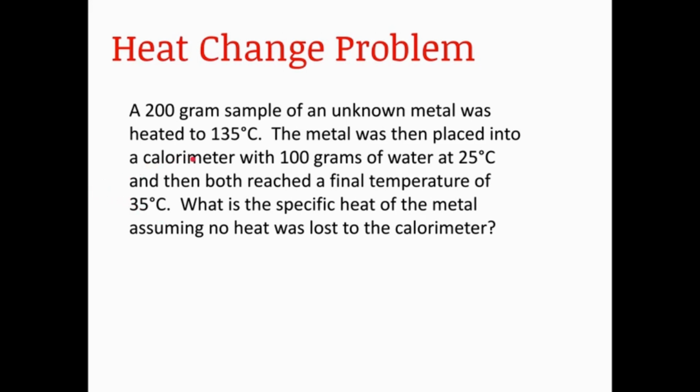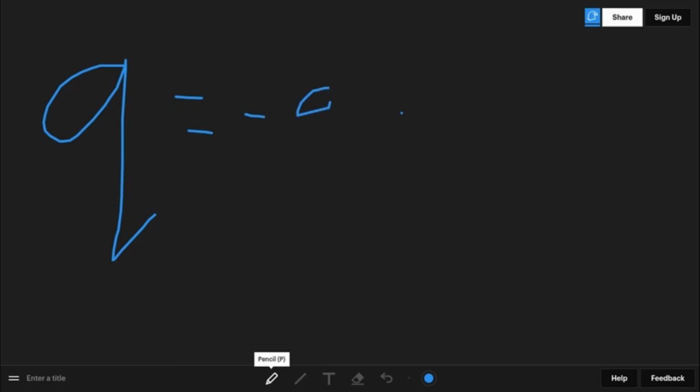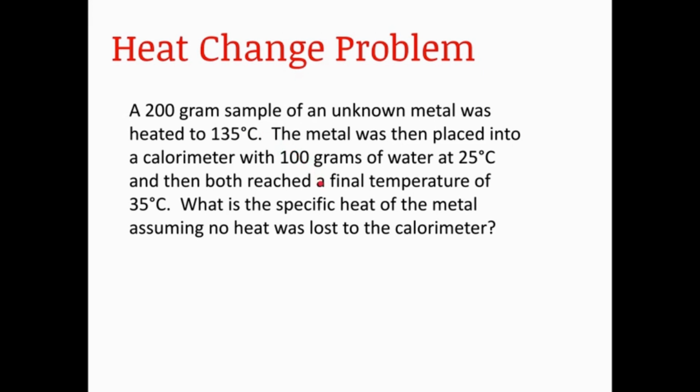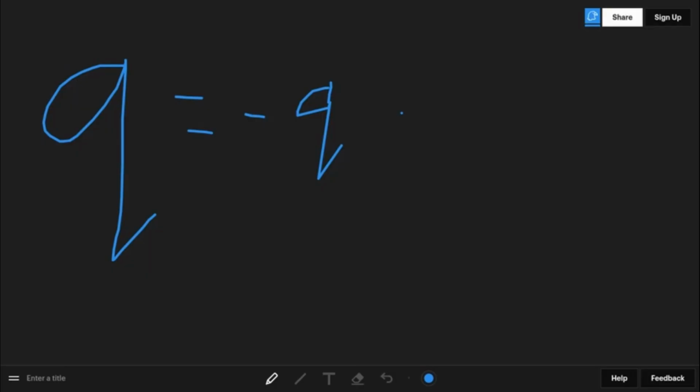And so the way we do this is we have Q, and we set this equivalent to negative Q, because the amount of energy gained by the water is equivalent to negative the amount of energy gained, quote unquote, by the metal, since the metal lost energy since its temperature decreased.